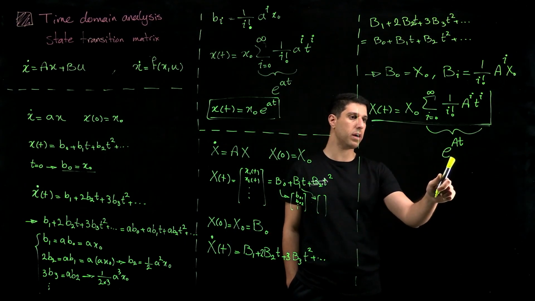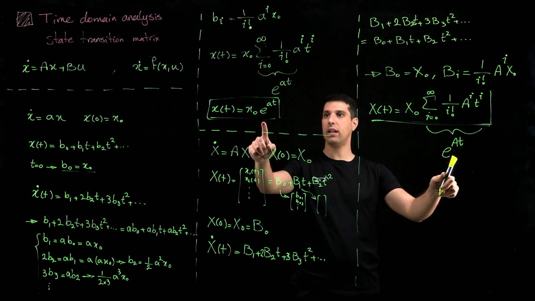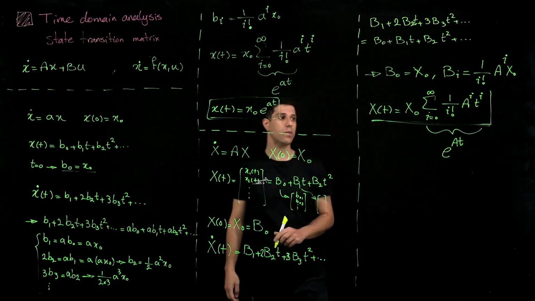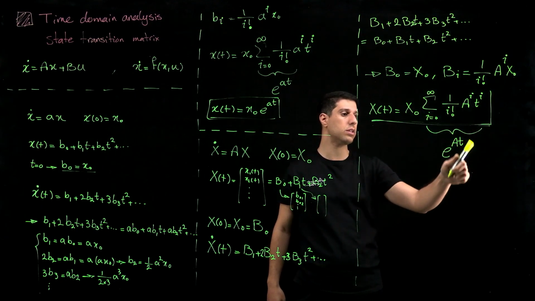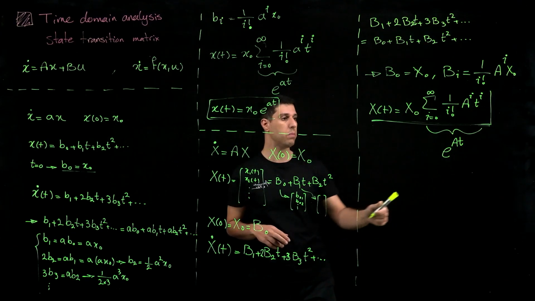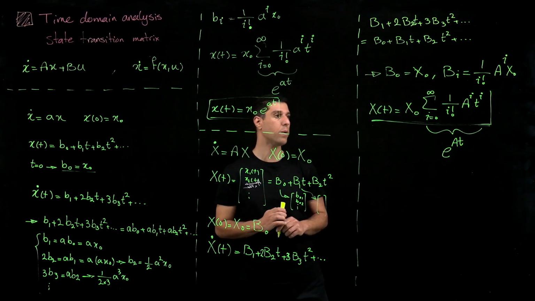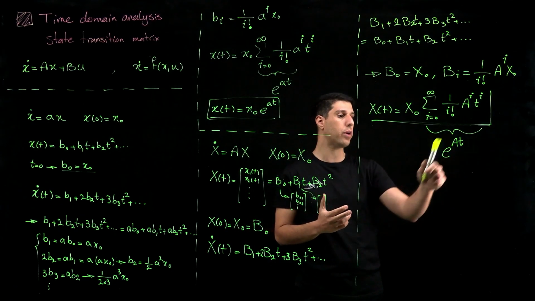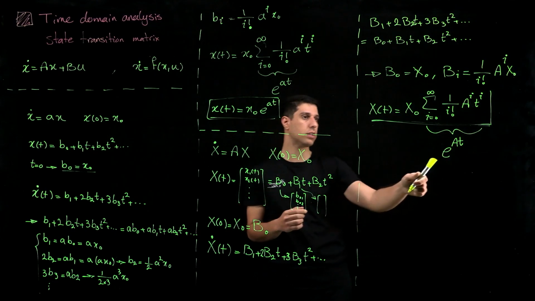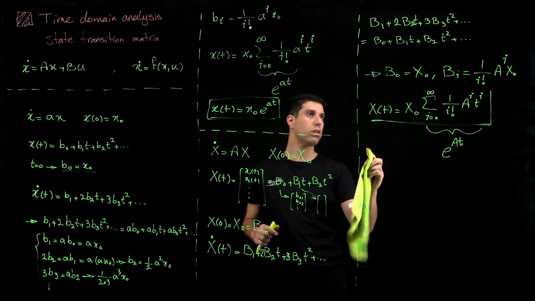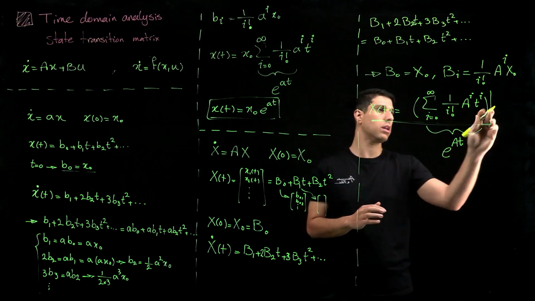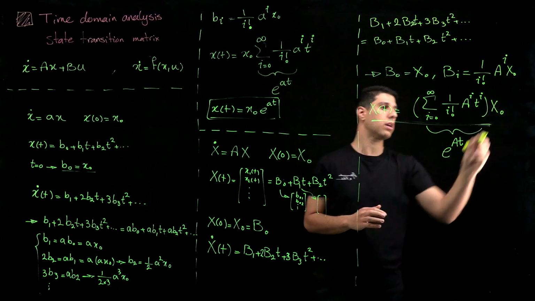But one thing to remember is that this is just an analogy, an analogous way to write the same infinite series. Here we just call this series with this shorthand notation of e to the At. It doesn't really mean raising e to the power of a matrix. It's just an operator that takes matrix A and spits out another matrix. Sorry, in order for the dimensions to work, it has to be like this, times X naught.